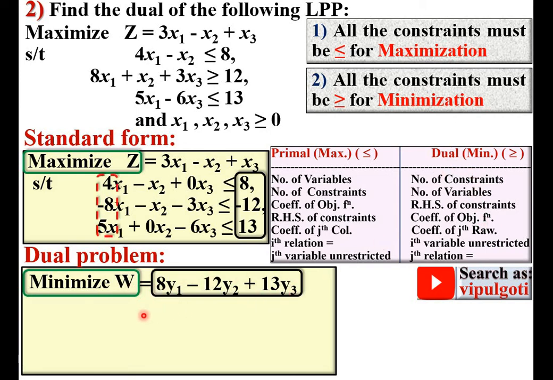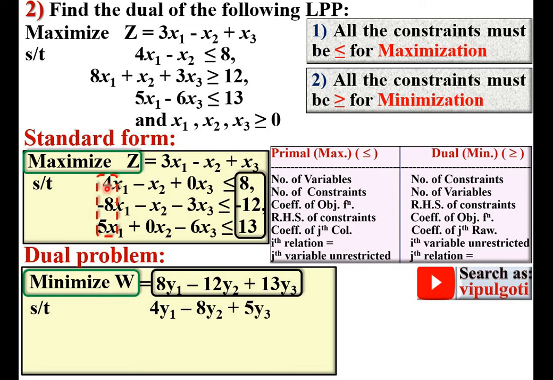Next, subject to constraint. Here you can see the coefficient of jth column must be the coefficient of jth row. That means the coefficient of first column must be the coefficient of first row in the dual problem. So here it is the first column, and in the dual problem it must be the first row.